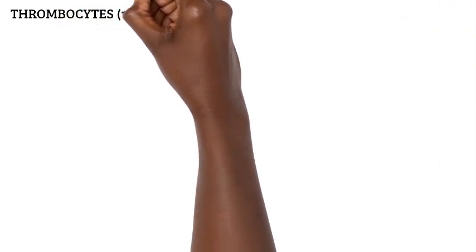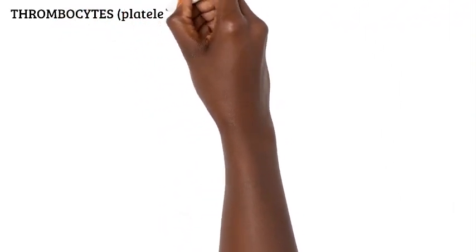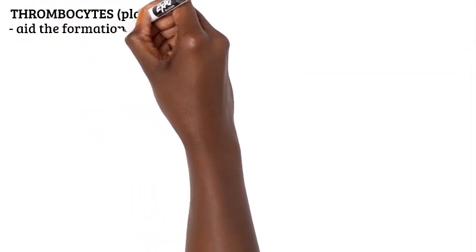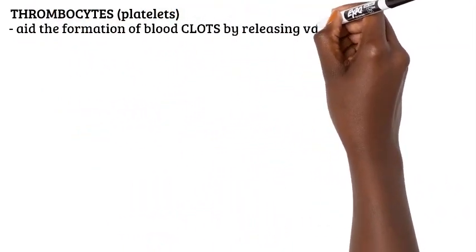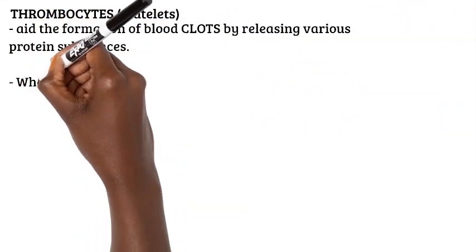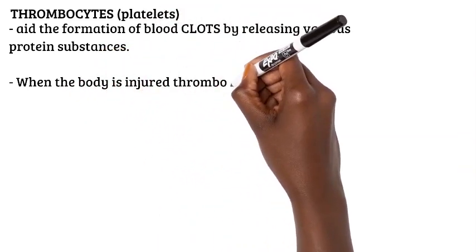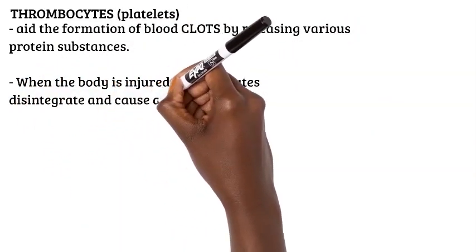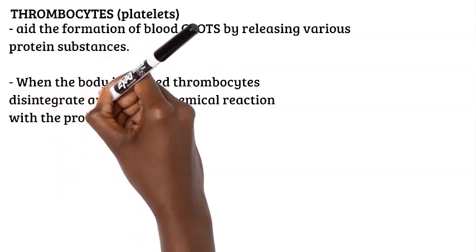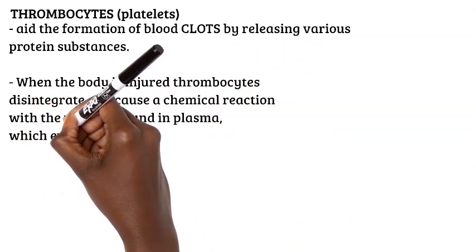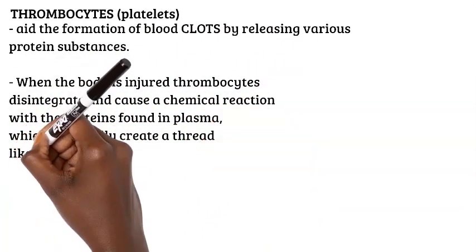The other type of cells found in the blood is thrombocytes or platelets. These cells aid the formation of blood clots by releasing various protein substances.